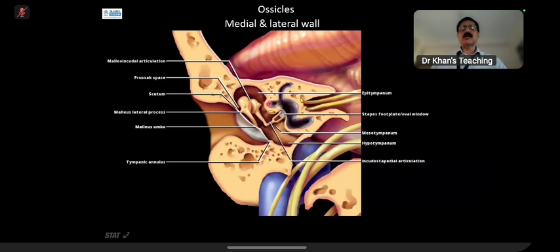Another importance is of this structure here. What is this structure? This structure is the inner ear, and this is the vestibule, and this is the superior semicircular canal. This is the lateral semicircular canal. Lateral semicircular canal is an exam canal. Remember that because it is projecting here.